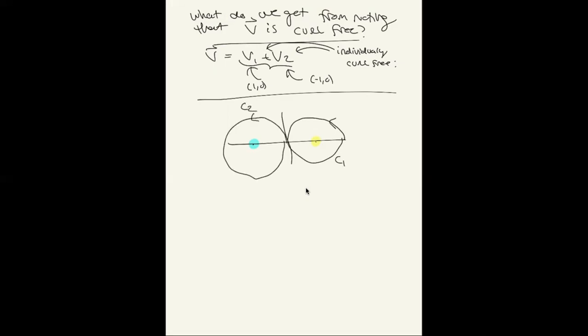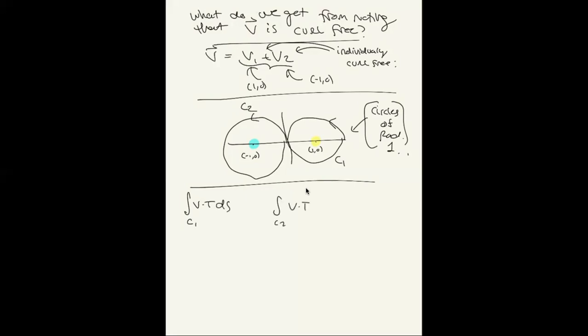I'll label the points, -1, 0, 1, 0, and these are circles of radius 1. I would like to compute the work integral over C1 and the work integral over C2. Okay, this is what I would like to compute.